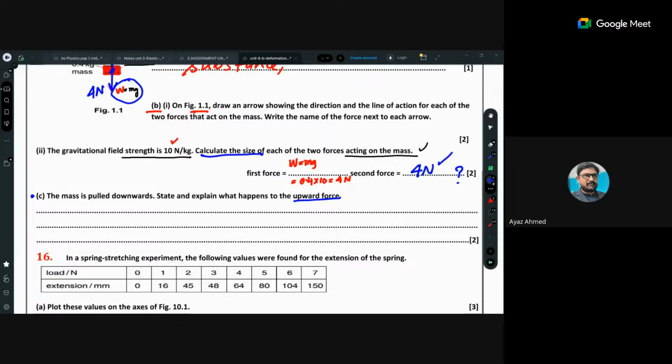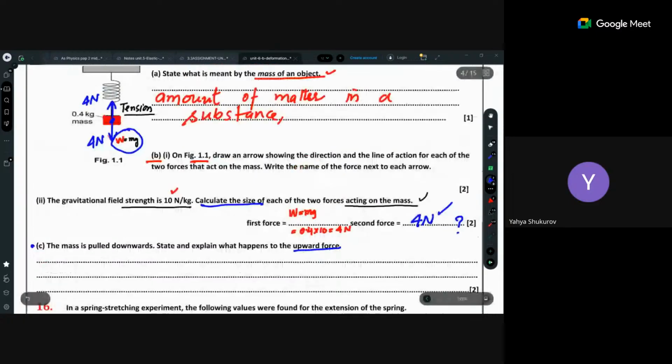Yes, Hassan. Sir, the upward force increases. Good, shabash. Upward force increases against that pull.